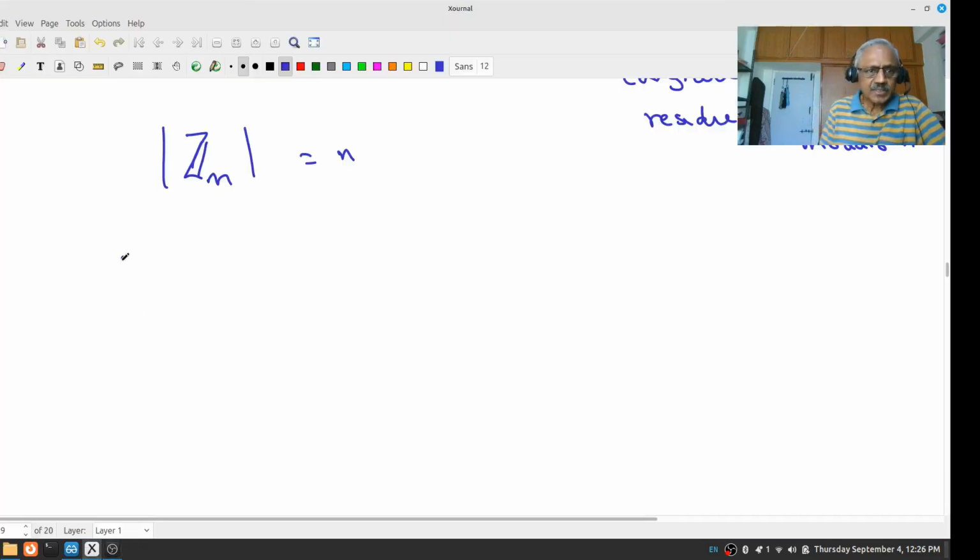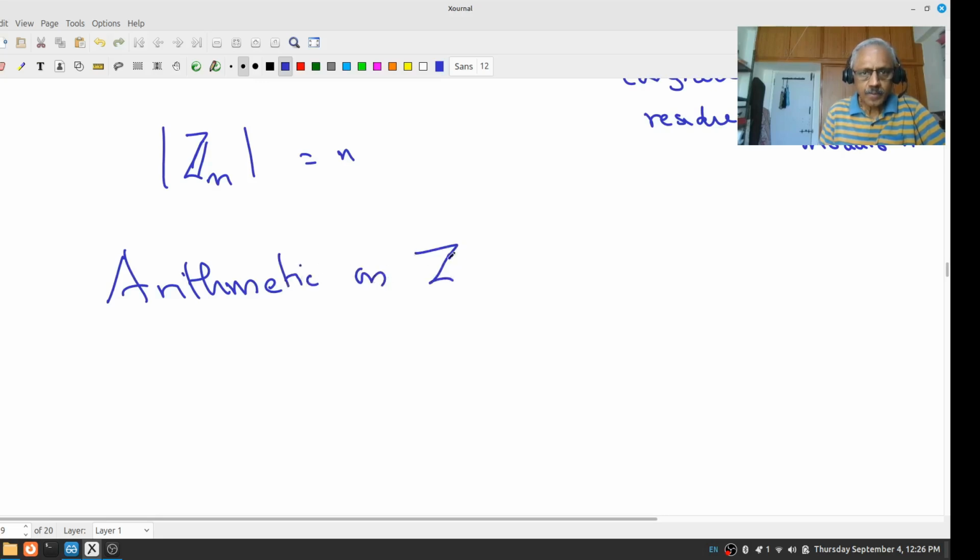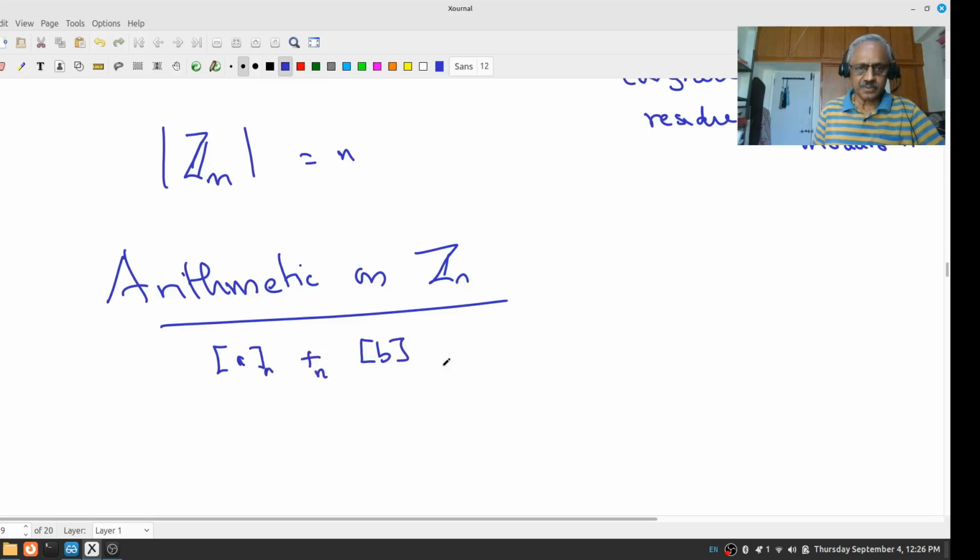So arithmetic is what I want to do. That is, you give me two equivalence classes A and B, then I want to add. If you want, you can again put an n, it depends on n. This is also n, this is also n. But we will not bother about such niceties.